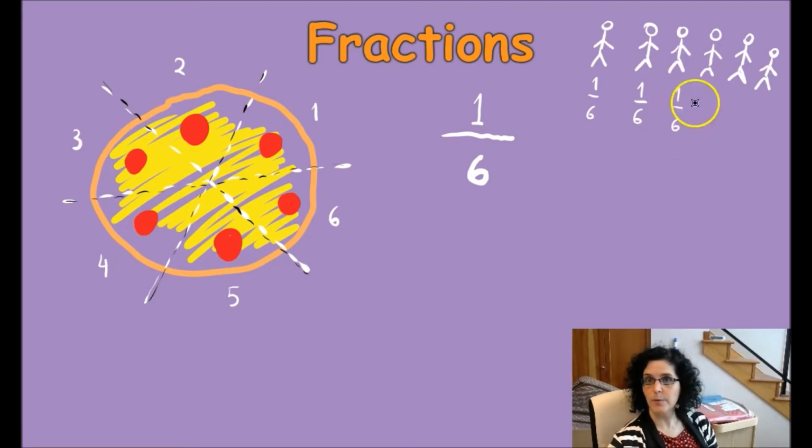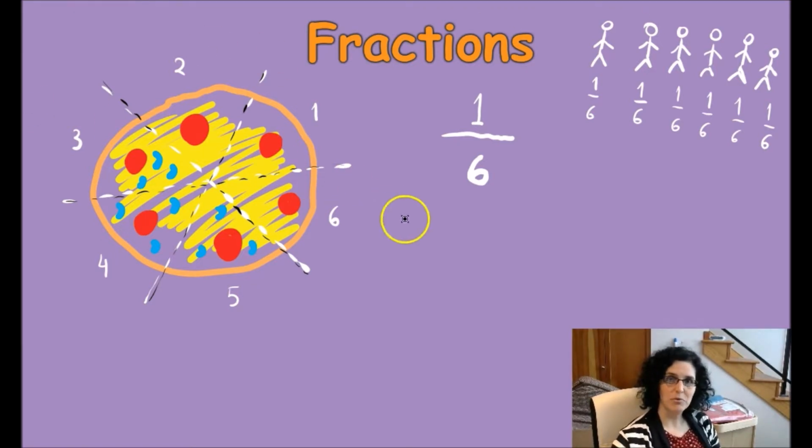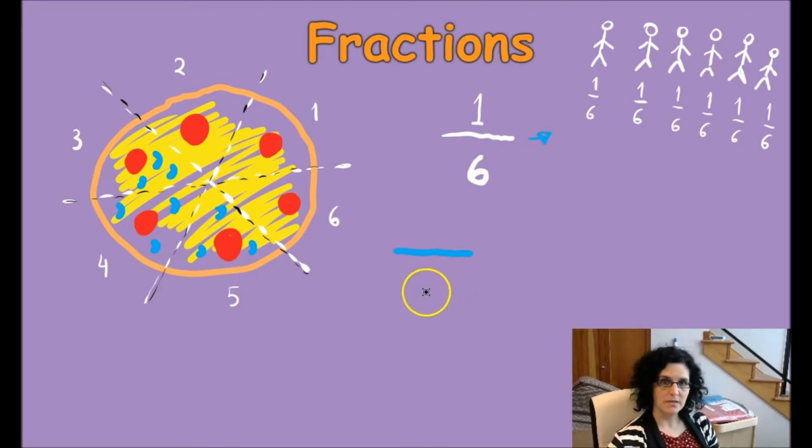They're very happy. The problem that happens is sometimes people have allergies. And so some of my friends asked me to put these delicious blue onions on, but only a few of them wanted them. I'm putting some blue onions on half of my pizza. The bottom is still 6, the number of slices.